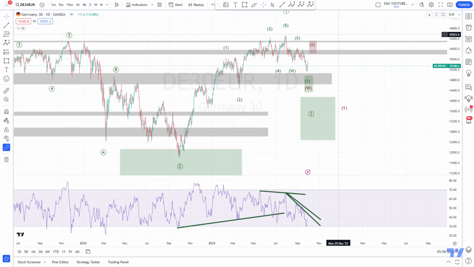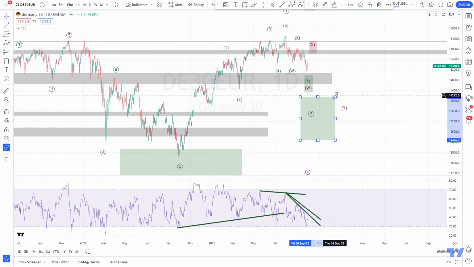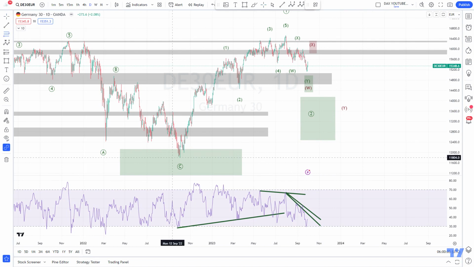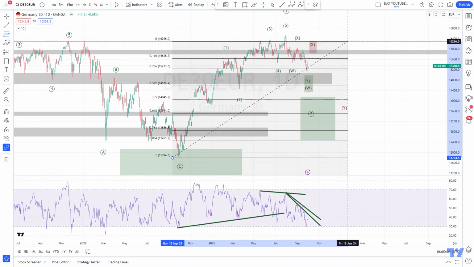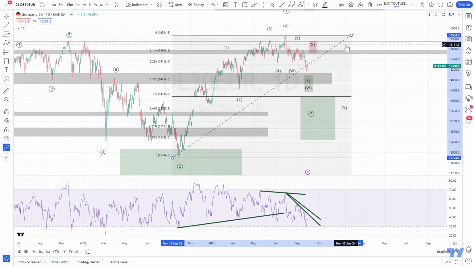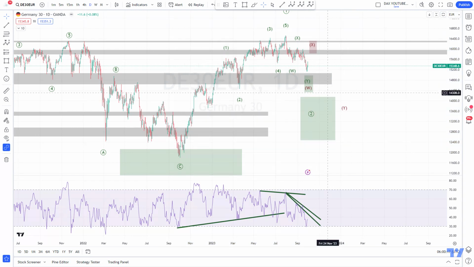And then third, as you can see, the wave 2 area is actually right here. So if we take the length of the wave 1, wave 2 is supposed to go to the area between the 0.5 and the 0.854 FIB retracement. As you can see, we did not reach this area, not at all.